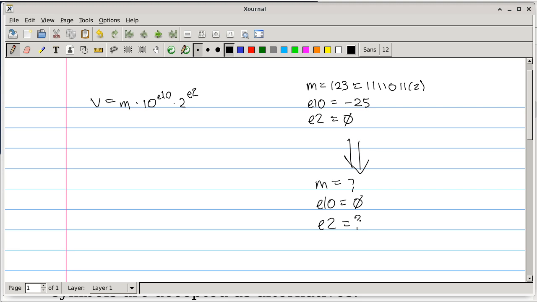So that's not the issue. The issue is I need E10 to go down to 0, or to go up to 0 in this case because it started negative. Are we doing okay so far with the reasoning? So how do you get rid of a power of 10? How do you get from negative 25 to negative 24?